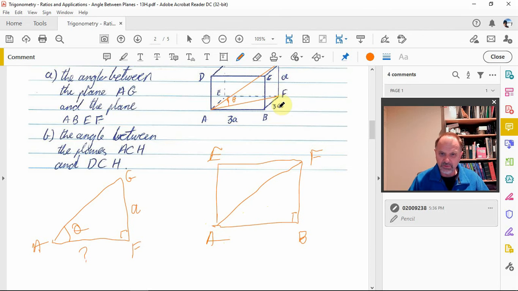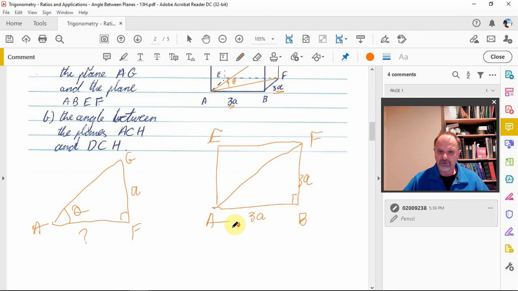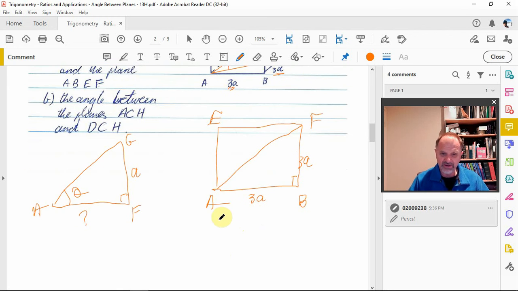Now, when we look at this, even though my diagram doesn't look like it, that's 3a, that's 3a. So it's actually square, but whether it's a square or not, we've got a right angle triangle there, and we can use our old friend Mr. Pythagoras, and he says that AF squared is equal to 3a squared plus 3a squared, so 9a squared plus 9a squared, which would be 18a squared.